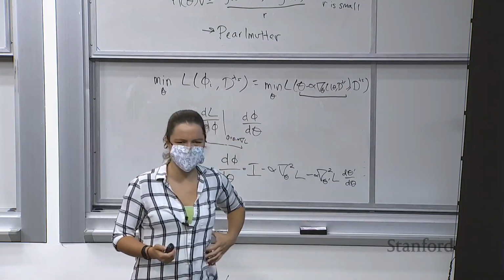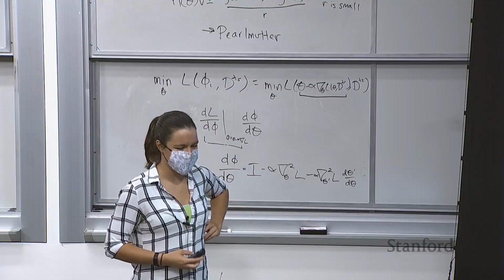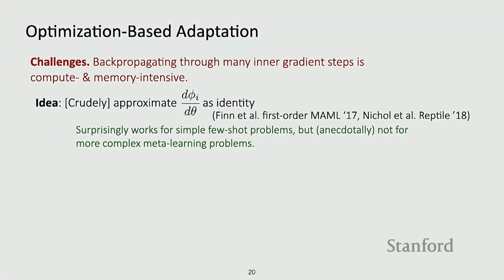But in practice, it actually works surprisingly well on certain problems. On other problems, it doesn't work at all, but anecdotally, it can work for problems like few-shot image classification. And yeah, I'll leave it at that.